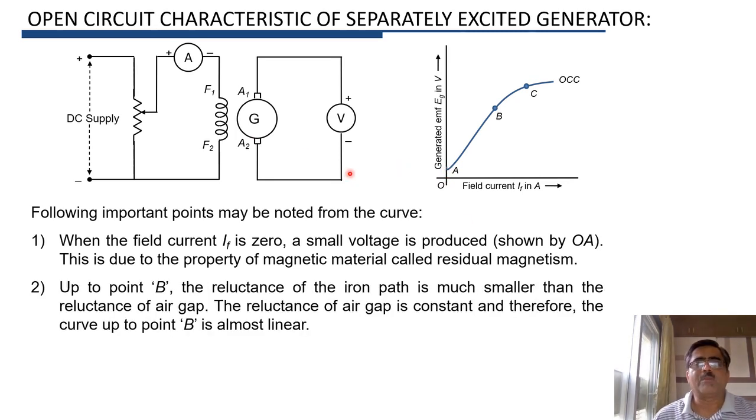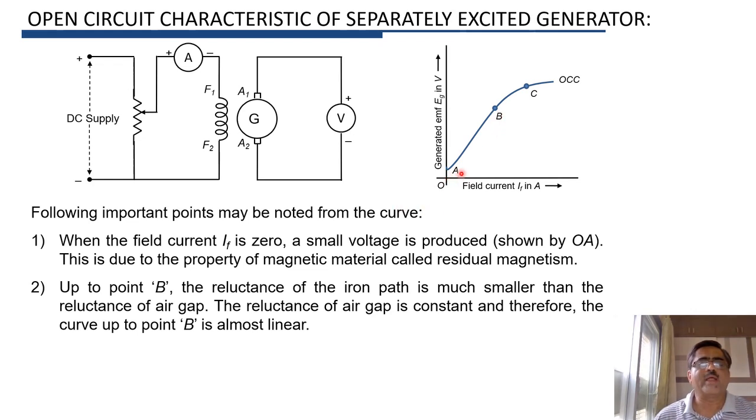Then up to point B, the curve is almost linear. That means as IF increases, Eg also increases. This is because up to point B, the reluctance of the iron path is negligible as compared to the reluctance of the air gap.